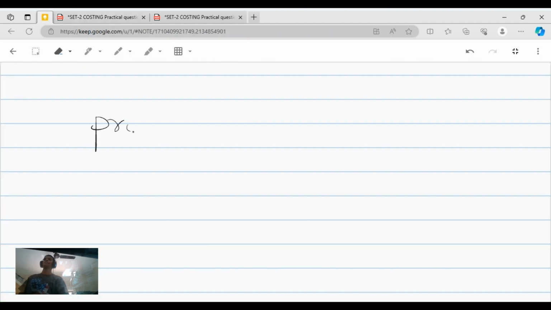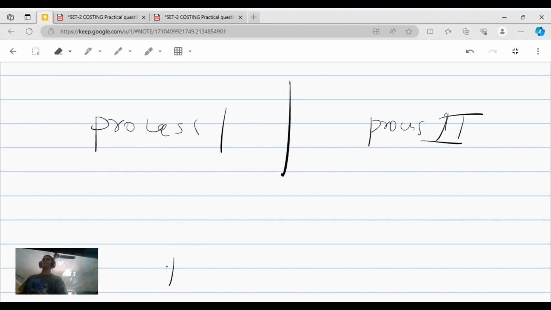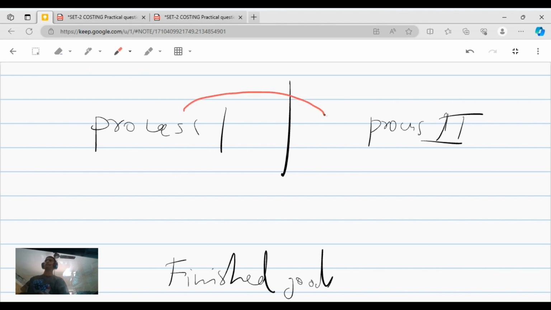There are process 1, process 2, then finished goods. After completing process 1, it is transferred to process 2, then it is transferred to finished goods.